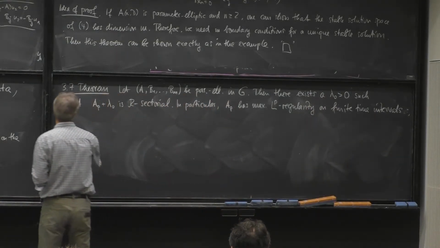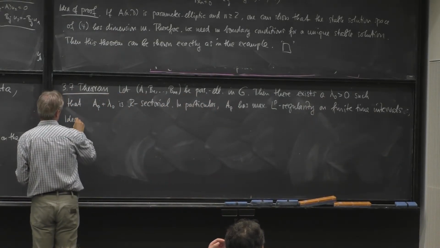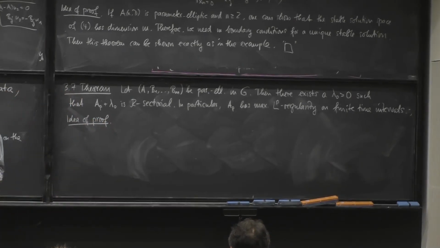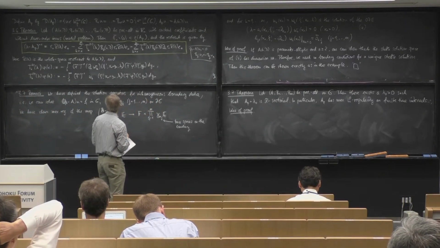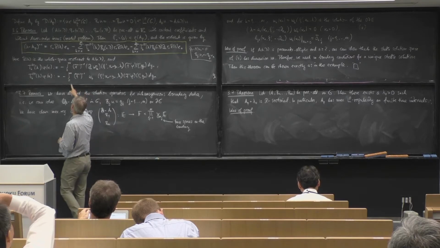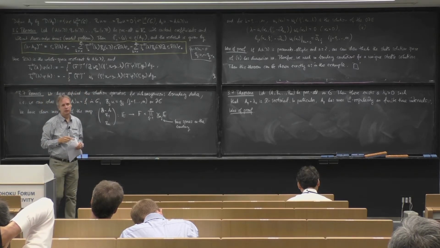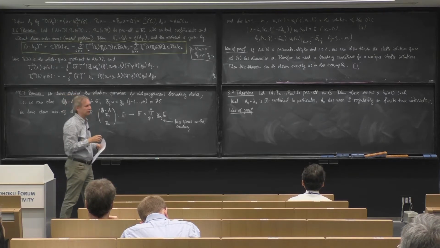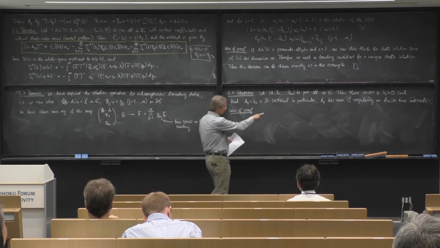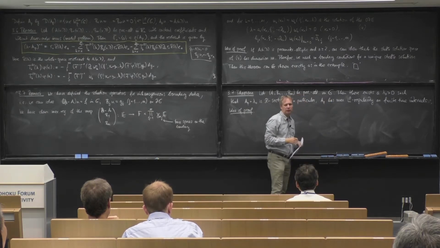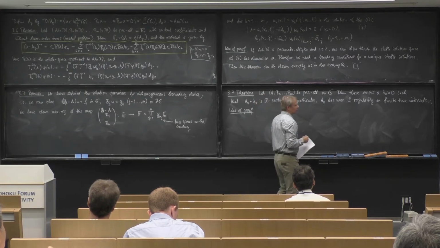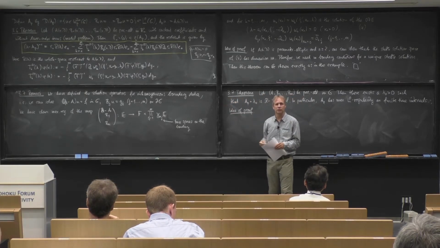And the idea of proof is the same as before. So, idea of proof. For the model problems, we know it in the sense that I told you that these operators are R-bounded. And if we are not in a model problem case, we again make a partition of unity. In this partition of unity, either we're in the interior of G, and then we are dealing with the whole space as a model problem, or we're on the boundary of G, and then we have this resolvent description.